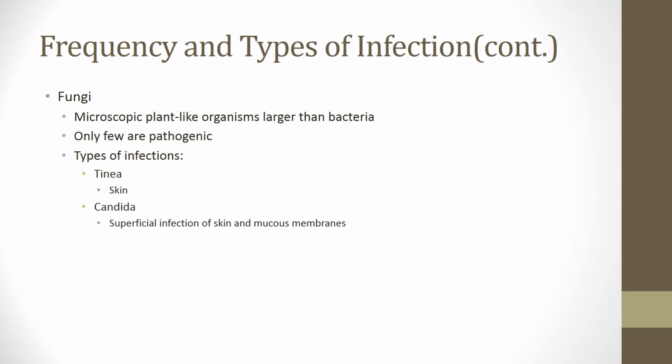Another type of fungal infection is Candida infection. It's a superficial infection of skin and mucous membranes. In an adult, Candida infection in the oral cavity, or thrush, is not an expected finding, and it may signify immunocompromised status.